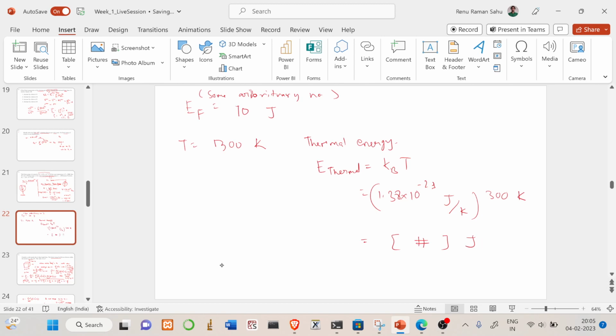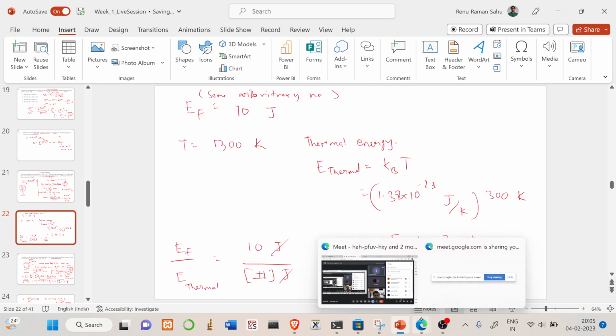This is your E thermal. You have to find EF by E thermal, a ratio. Let's say 10 joule over some number joule. The joule cancels, so what you have is a ratio, a pure number. Now I got it. Thank you so much, sir.